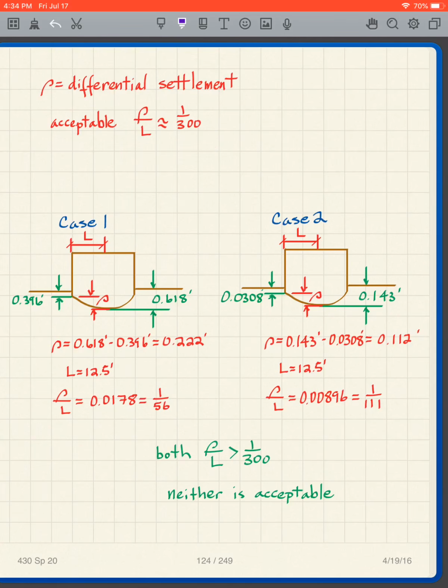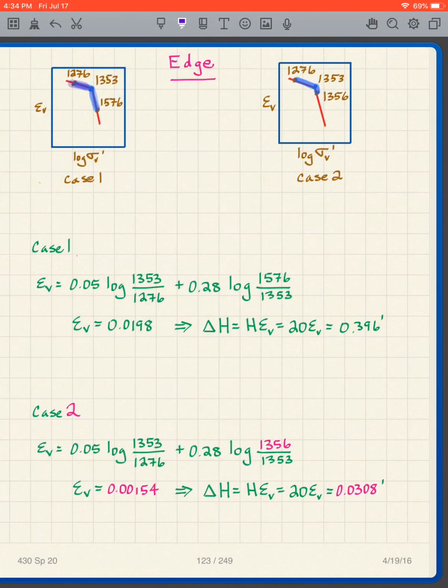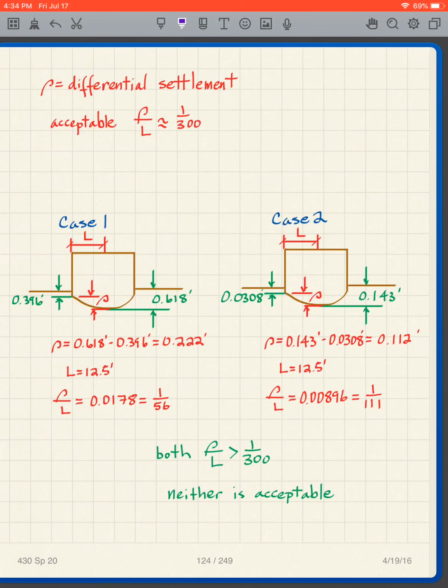And why do we have that? What does this all mean? Well, what is rho? Rho is the difference between the center settlement and the edge settlement.